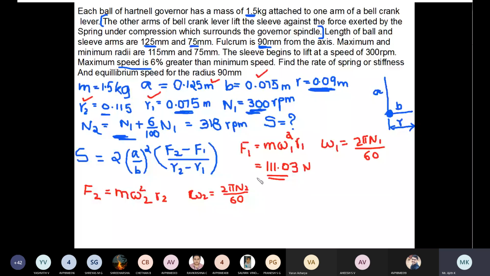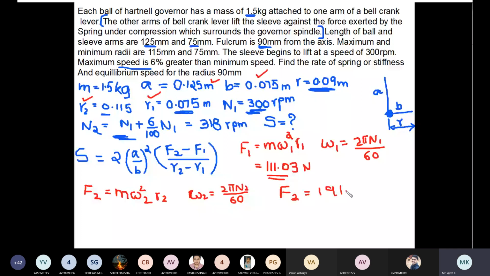You know n2 is 318 rpm. Substitute and you will get the value of f2 as 191.129 Newton.